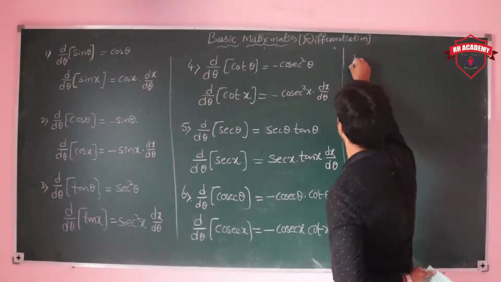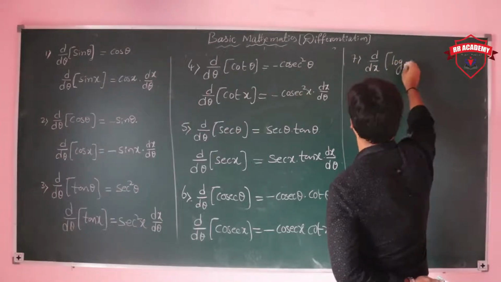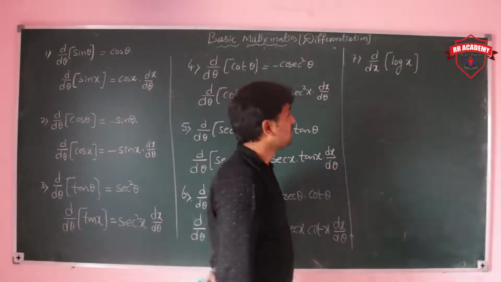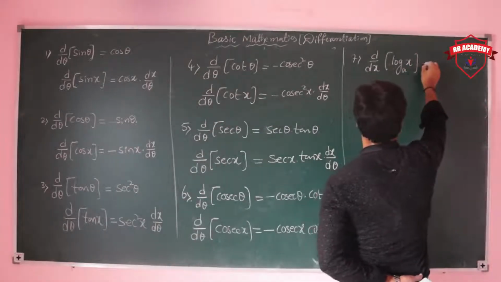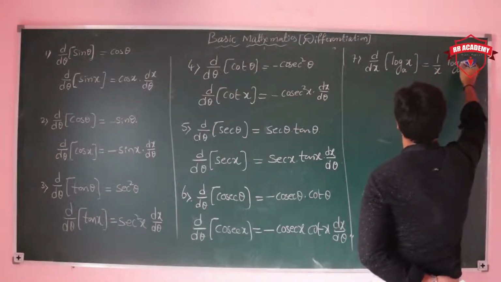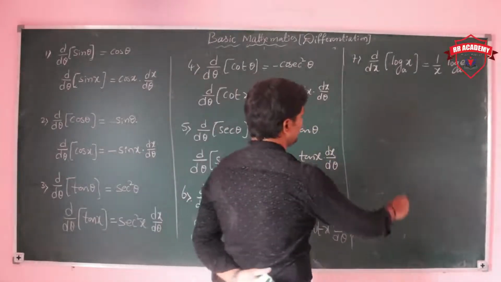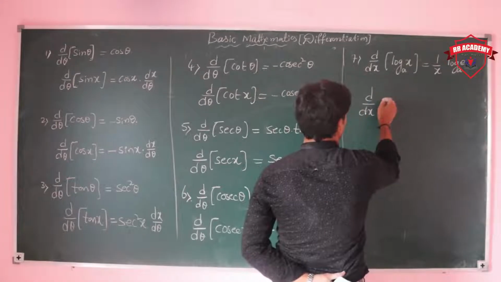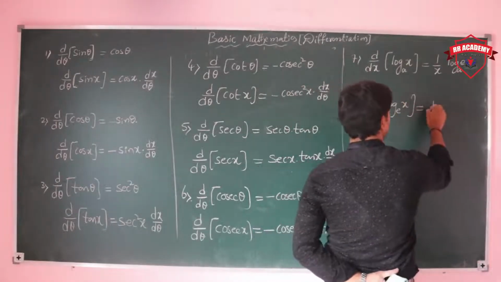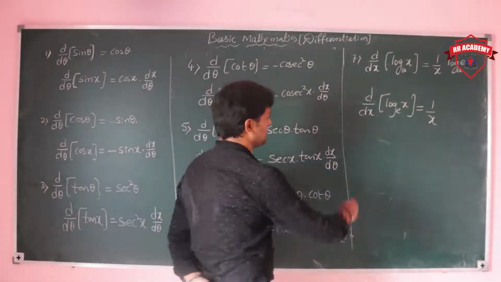Logarithm functions. d by dx of log x. Log x means here base a if you are taking, then 1 by x into log a base e. In case you are taking d by dx of log base e of x, that is simply 1 by x.